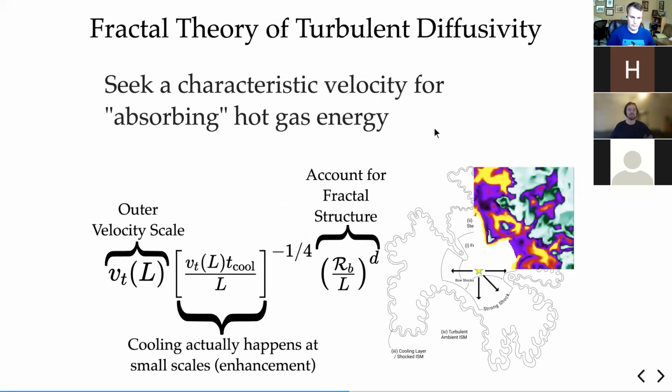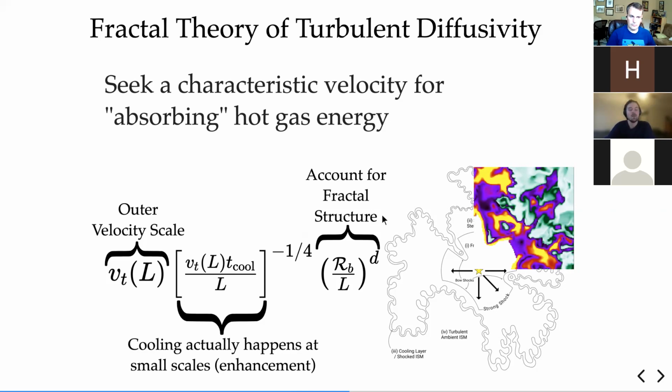Like I said, we're trying to seek a characteristic velocity for the absorbing of hot gas energy. Because it's turbulently mediated, we think that this velocity is going to depend on the scale of turbulence in the hot gas. What I'm showing here is an overlay on the schematic diagram of the magnitude of the turbulent velocity field in the hot gas, and you can see that it's quite structured.